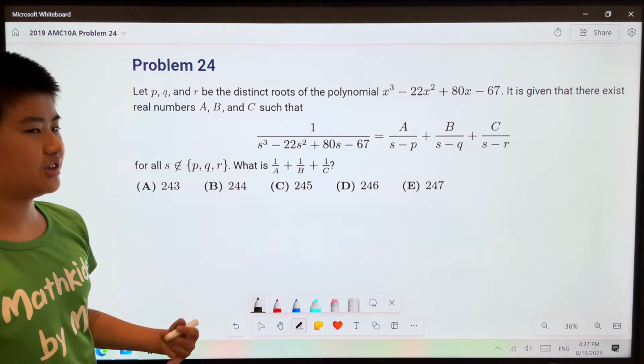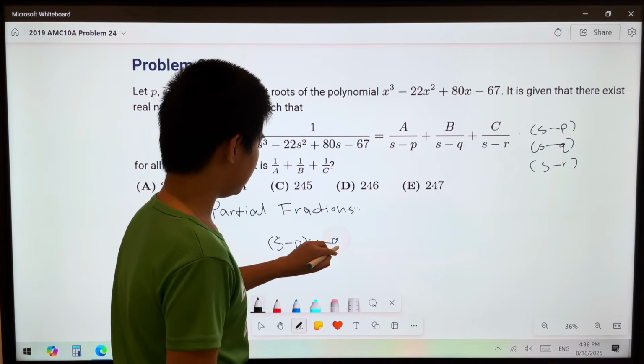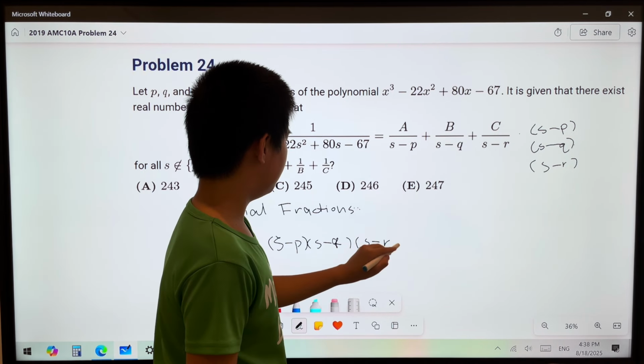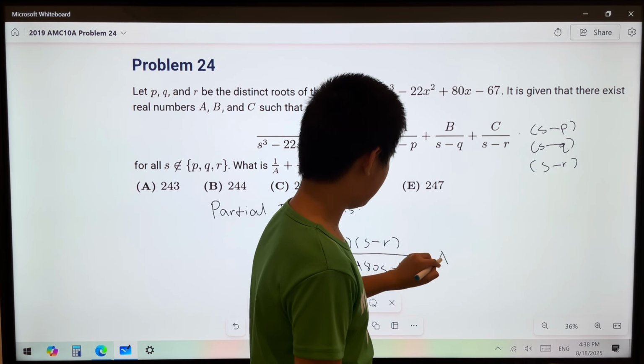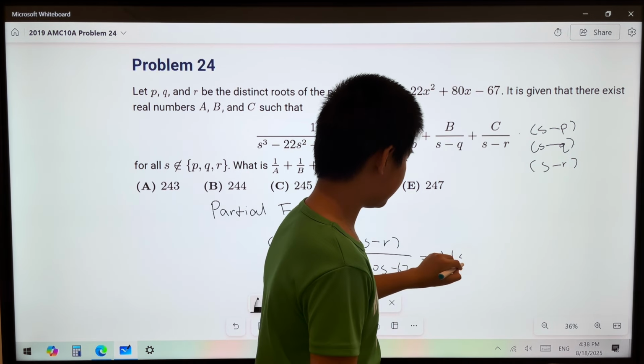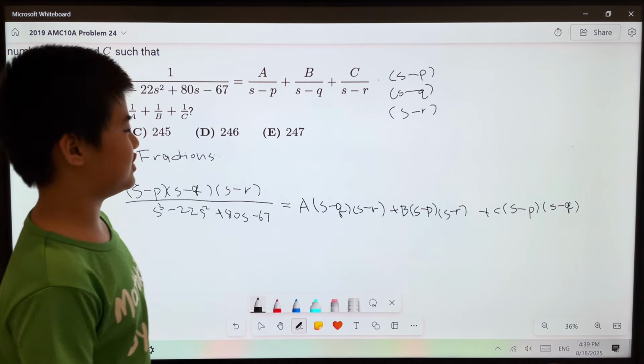And that gives you (s minus p)(s minus q)(s minus r) over s cubed minus 22s squared plus 80s minus 67 equals a times (s minus q)(s minus r), plus b times (s minus p)(s minus r), plus c times (s minus p)(s minus q).